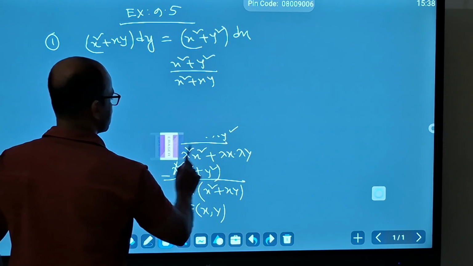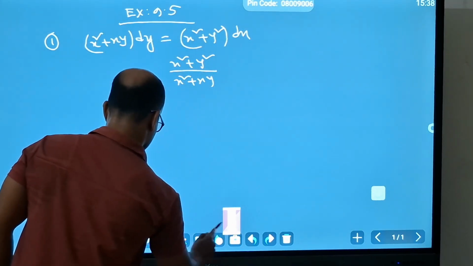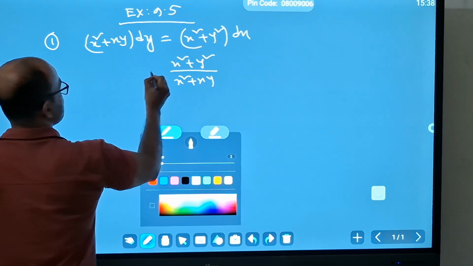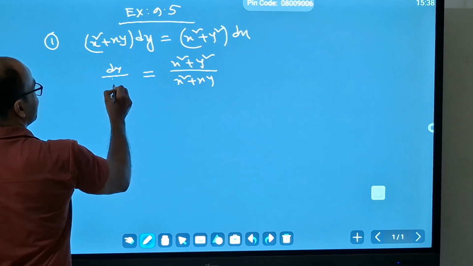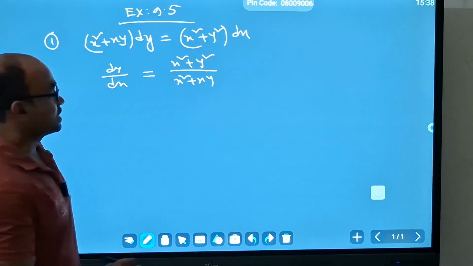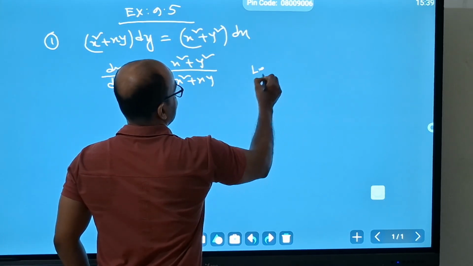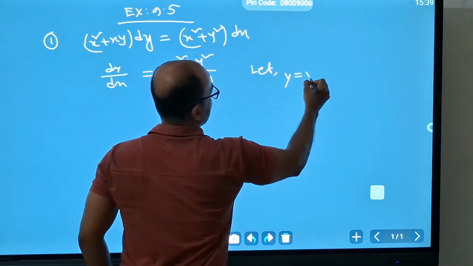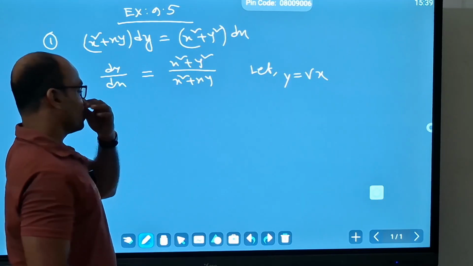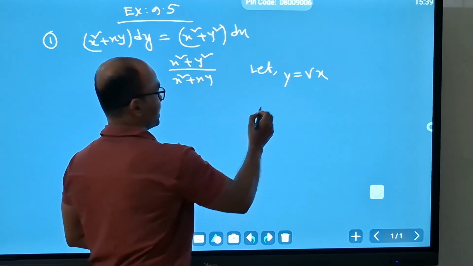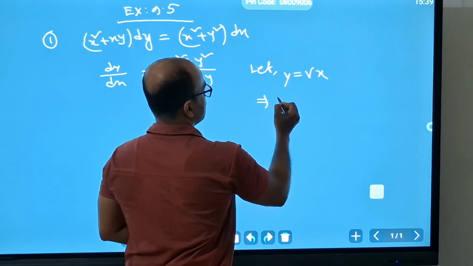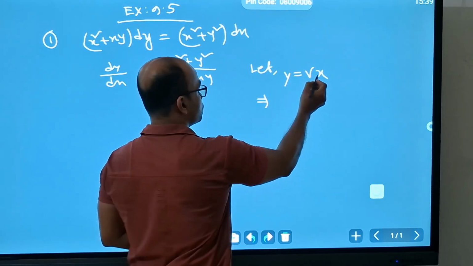To solve a homogeneous differential equation, at first we let y equal to vx, then differentiate both sides with respect to x.